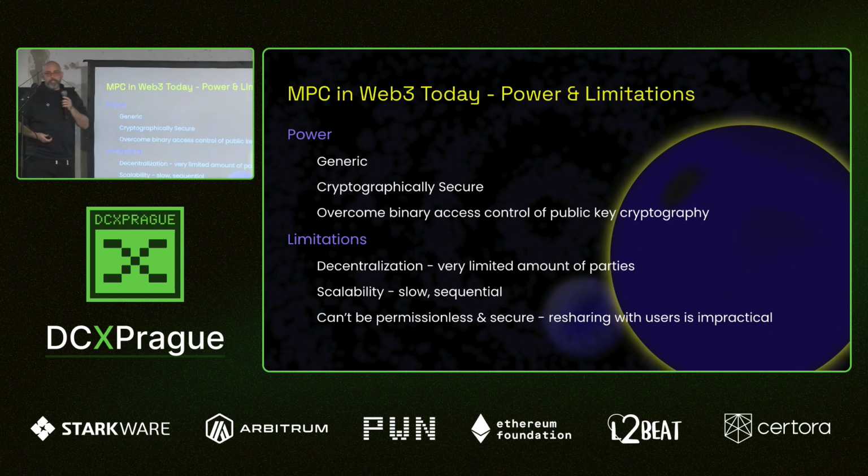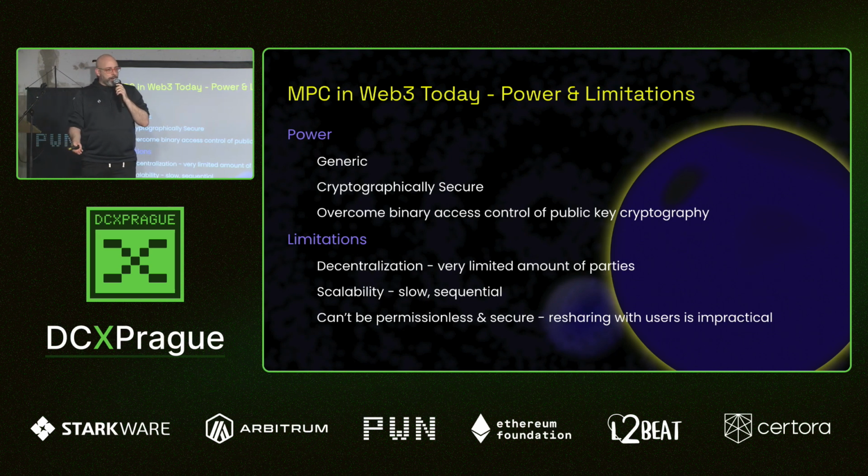But what are the limitations of MPC? MPC has many limitations. One is decentralization. MPC algorithms today are not scalable in terms of the number of parties. We'll talk about why soon. Most MPC setups today are usually between 2 and 5 parties.